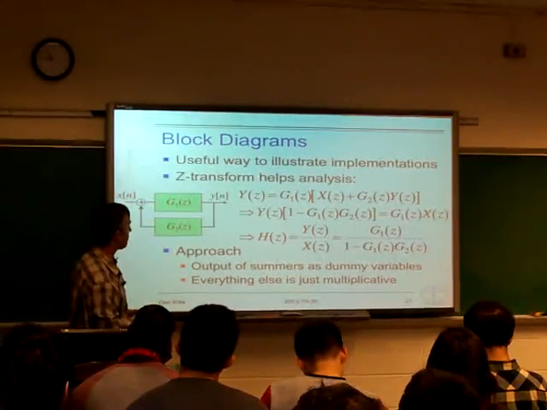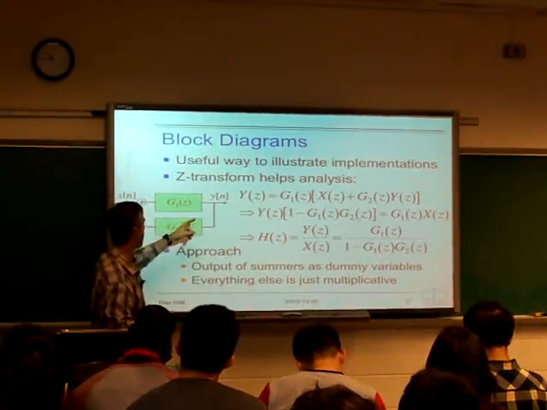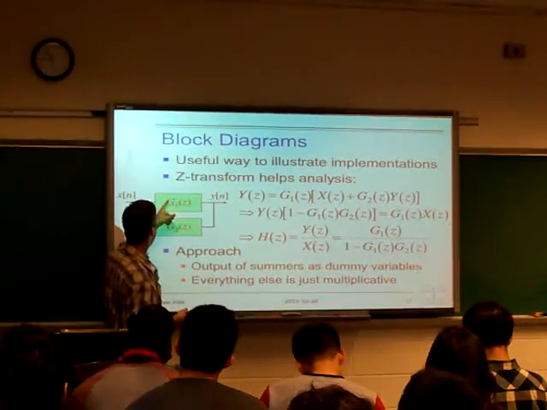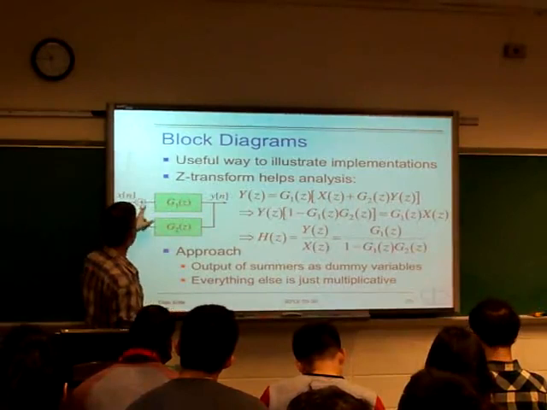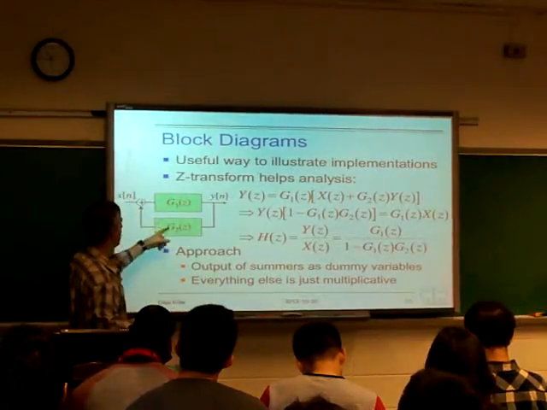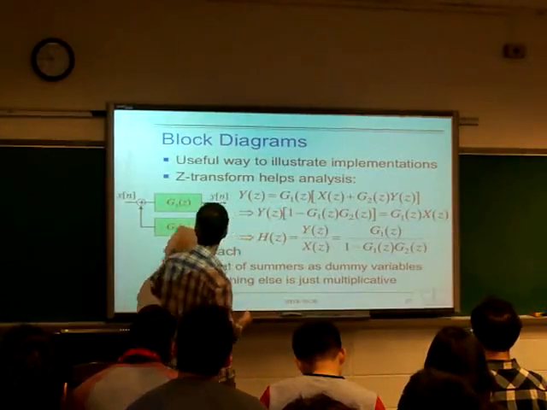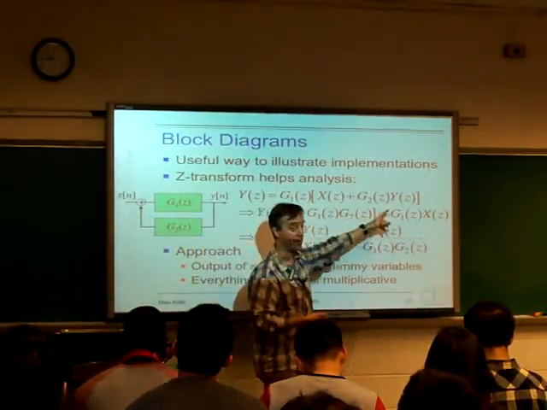And so in an example like this, we can say, okay, we've got this output y comes from g1 applied to this summation here. The summation is x plus g2 times the output y. We can simply write down that multiplication, right?